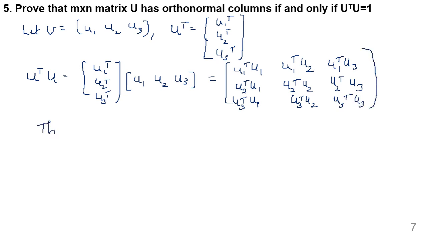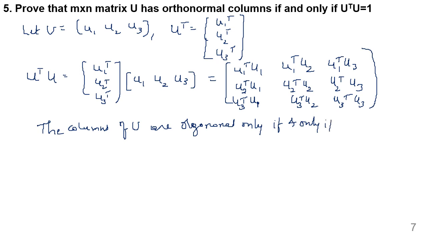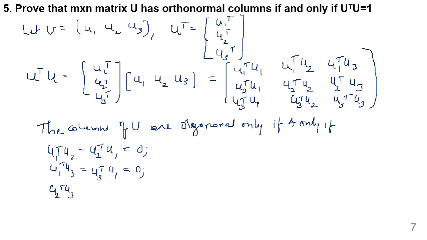In this matrix, the columns of U are orthogonal if and only if u1 transpose u2 is equal to u2 transpose u1 equal to 0, and u1 transpose u3 is equal to u3 transpose u1 equal to 0, and u2 transpose u3 is equal to u3 transpose u2 equal to 0.